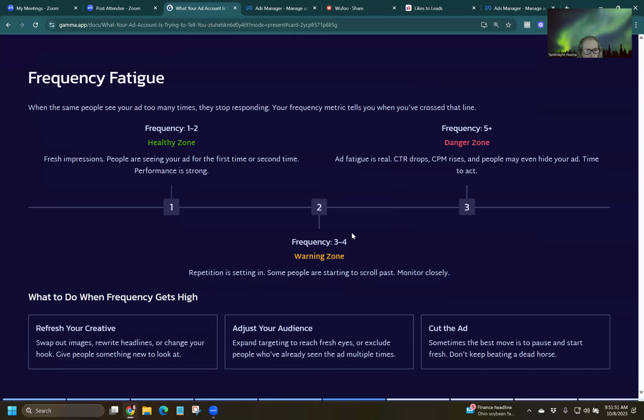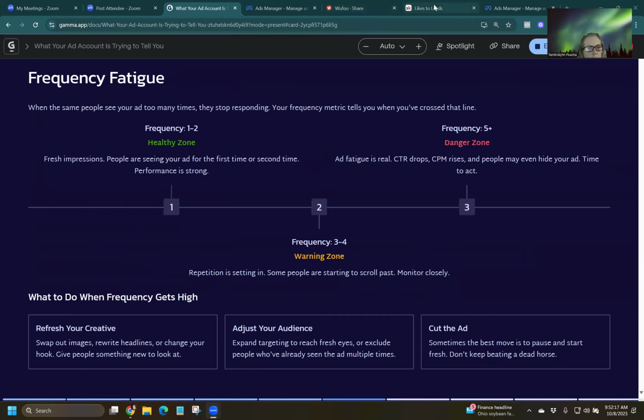So the other thing I want to talk about is the frequency fatigue, which is another thing. Let me look in the chat here. I'm just looking at the chat, making sure there's nothing I need to comment on. I'm putting the rebroadcasts. I send them out through email and through text on this, and they're also in the YouTube channel.